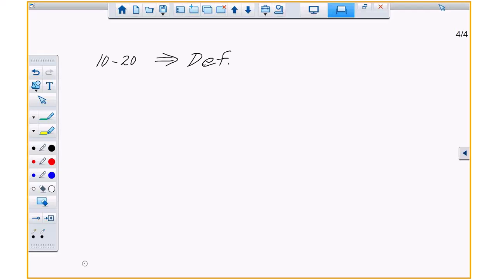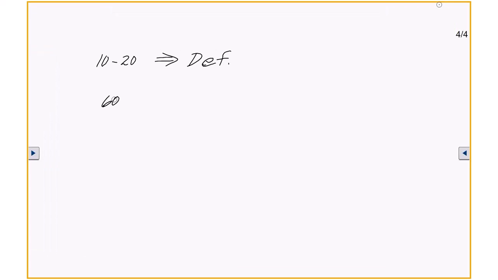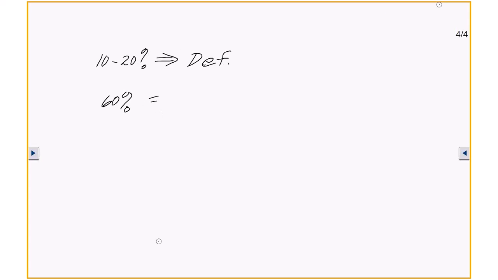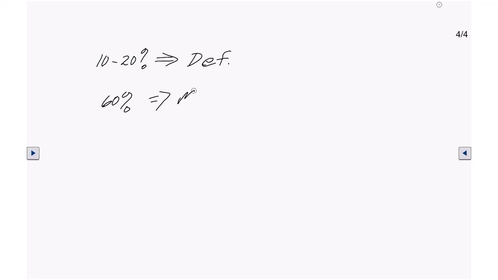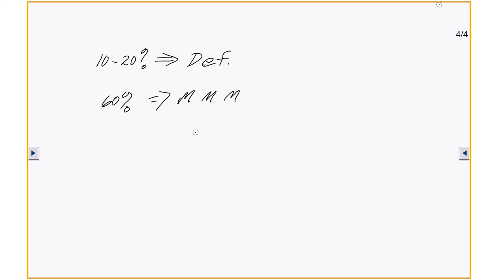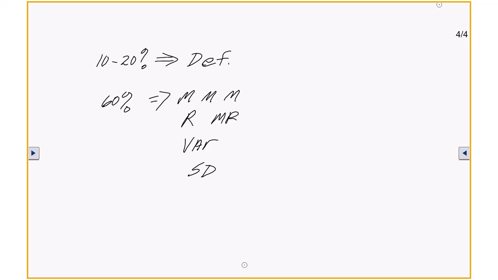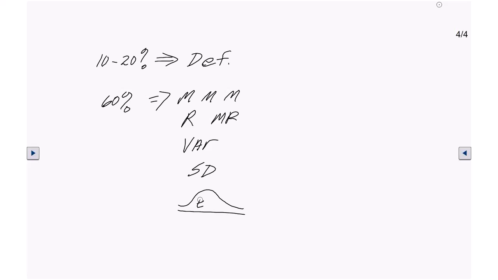So I'm going to just go ahead and say 60% is going to be mean, median, mode, range, mid-range, variance, and what? Standard deviation, along with the normal distribution, which I'm going to just put the normal curve and I'm going to put ER in it for what?